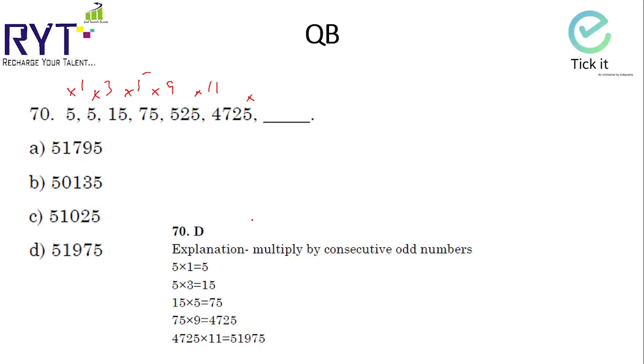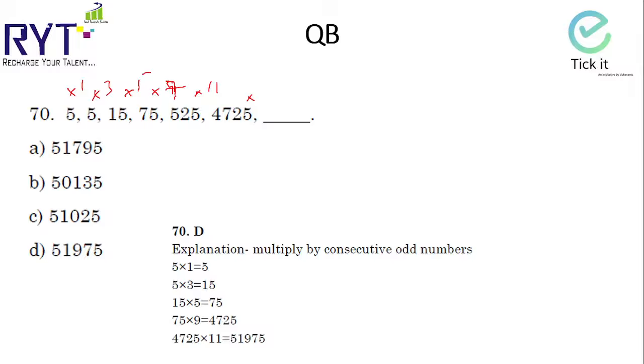So when we multiply with consecutive odd numbers, we will get the answer for this. Just observe carefully which numbers we have multiplied. When you multiply 5 into 1, you get 5, right? 15 into 5, I missed a number here. 15 into 5 is 75.